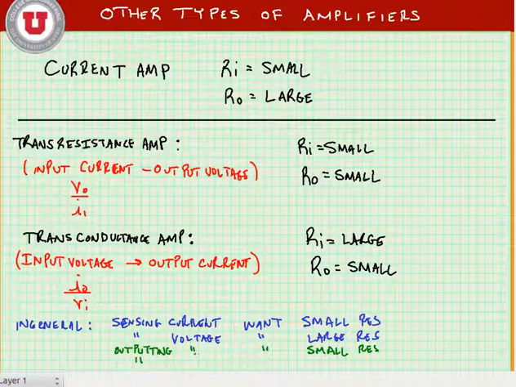And when we're outputting a current, we want a large resistance to avoid a current division at the output. Alright, so in the next part of the lesson we're going to learn how to identify the type of feedback that we're looking at and what types of amplifiers we might use that feedback for.